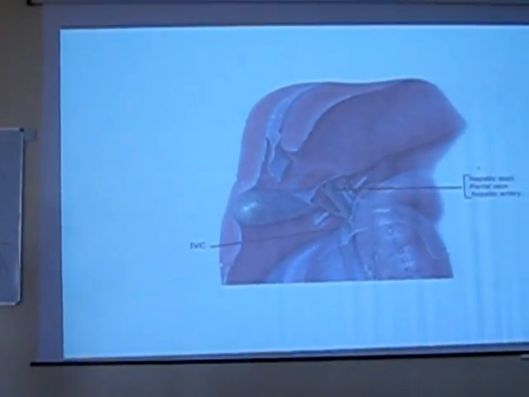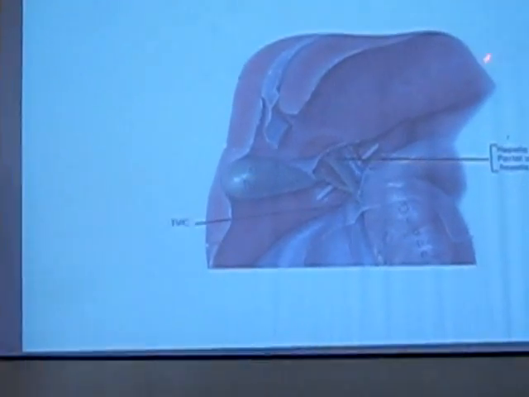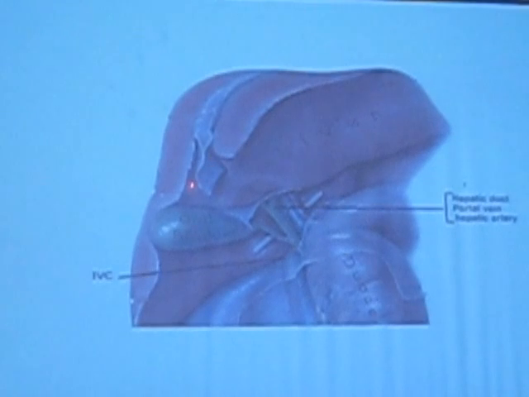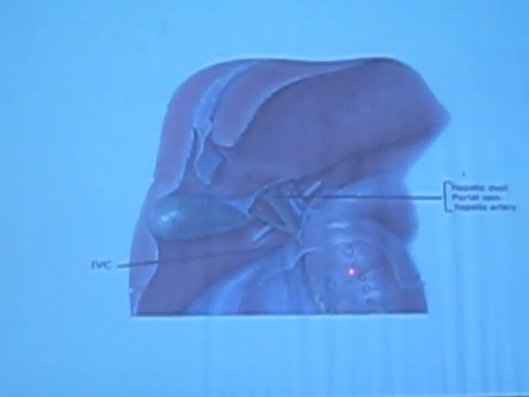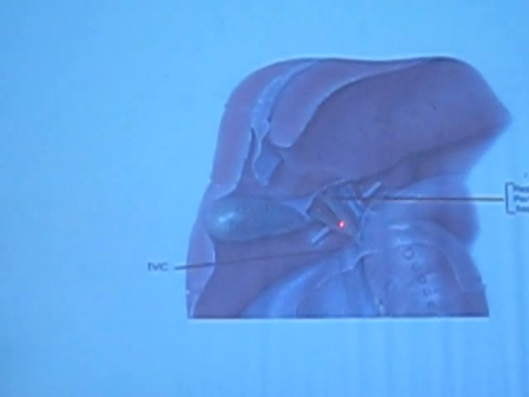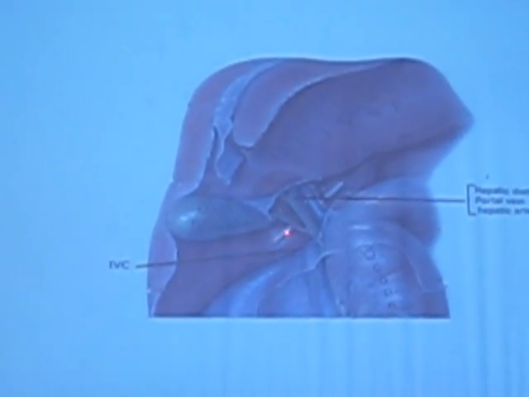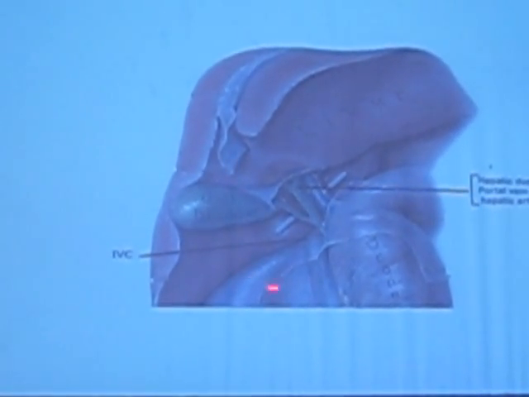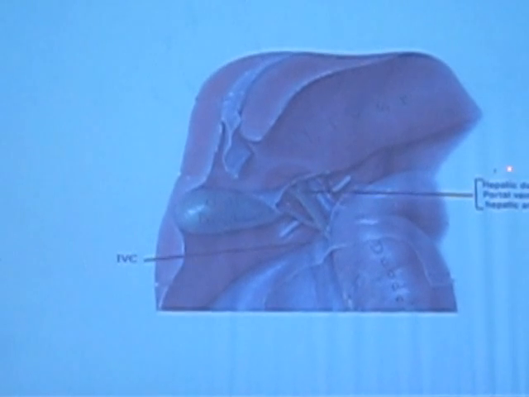You know that this is the area lying under the liver, and this is the second part of the duodenum. This line indicates the passageway from the greater sac to the lesser sac.